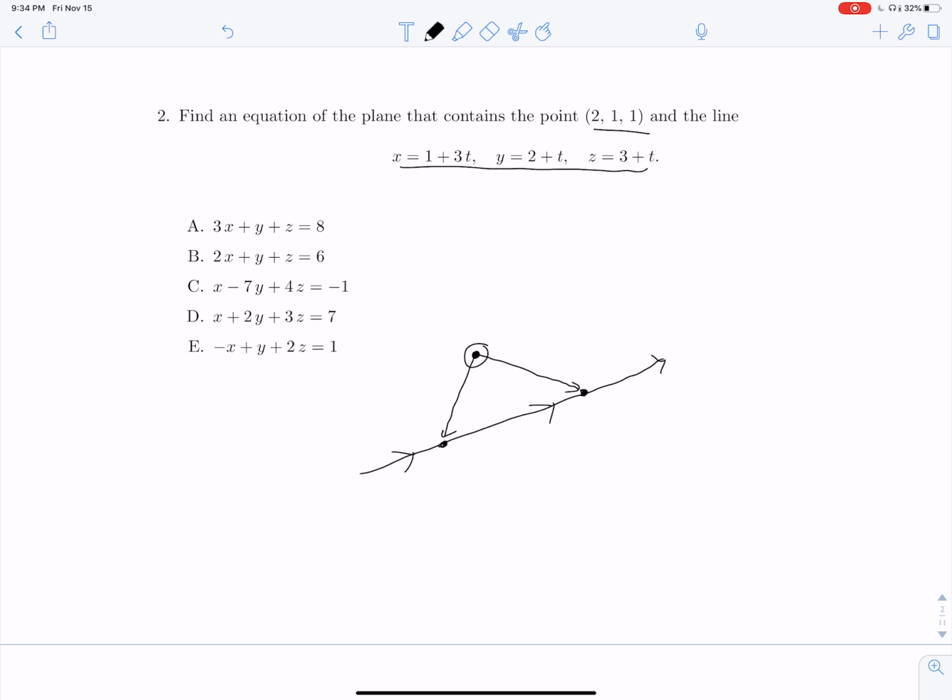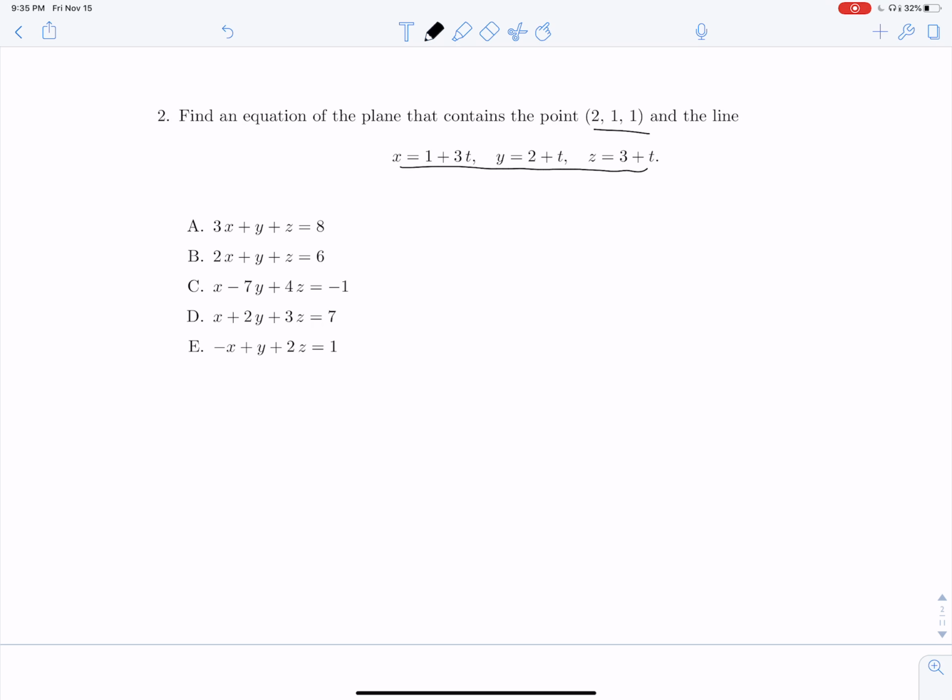If we take the cross product, we get the vector that is normal to both of these vectors. Since all 3 of these points lie in the plane, that vector defines the coefficients of the plane.